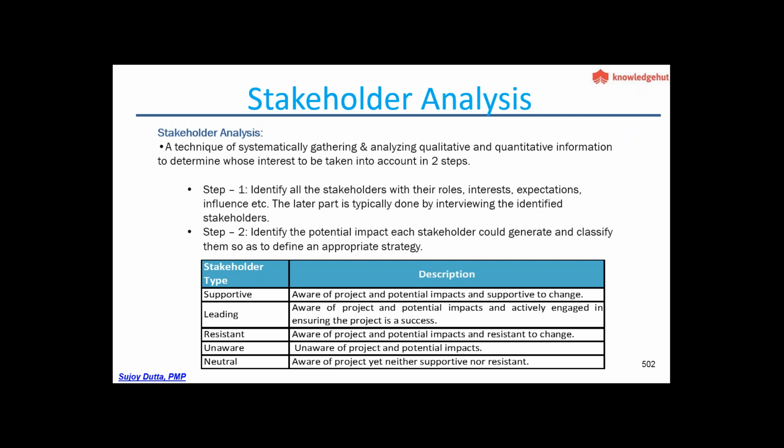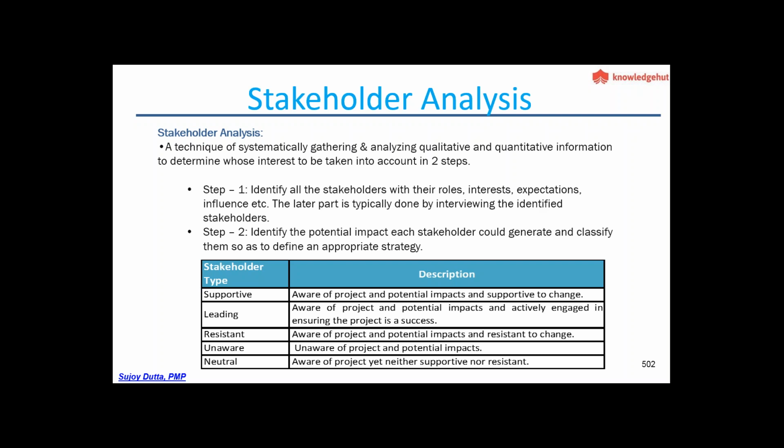In step one, we identify all the stakeholders with their roles, interests, expectations, influence, etc. The latter part is typically done by interviewing the identified stakeholders. In step two, we identify the potential impact each stakeholder could generate and classify them so as to define an appropriate strategy.